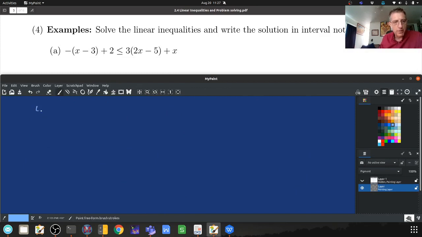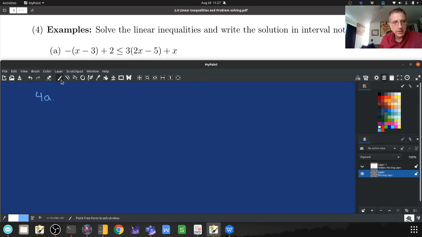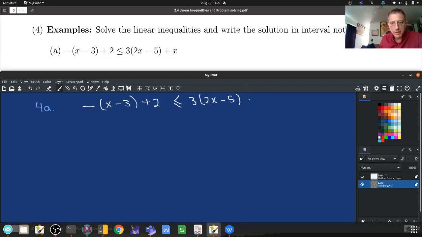So this is 4A, and I'm given minus x minus 3 plus 2 is less than or equal to 3 times 2x minus 5 plus x.